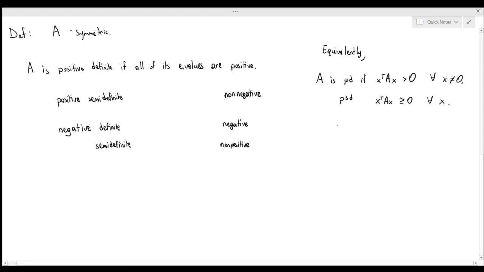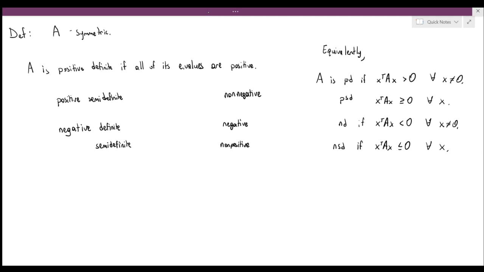And then equivalently, A is negative definite if X transpose AX is strictly less than 0 for all non-zero X. And A is negative semi-definite if X transpose AX is less than or equal to 0 for every X, okay?